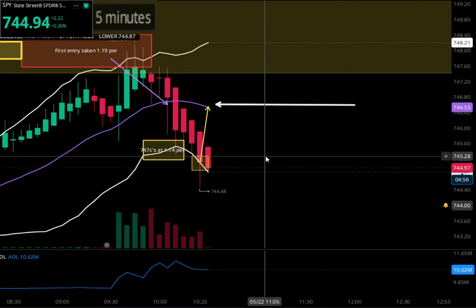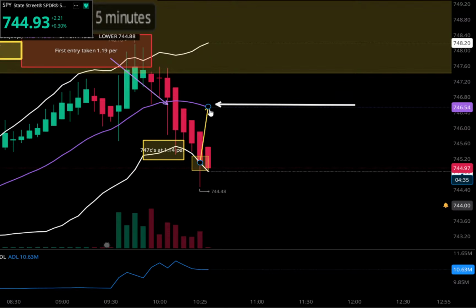I know it's important to watch the VVIX and everything, but today is just entirely focused on the rules. I want to show you that these actively work in real time.